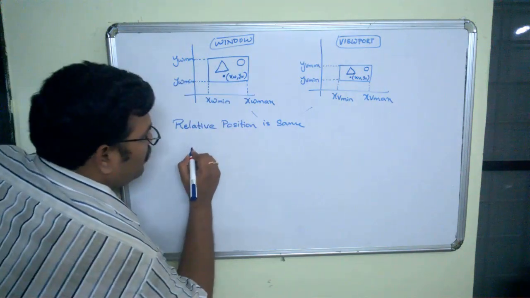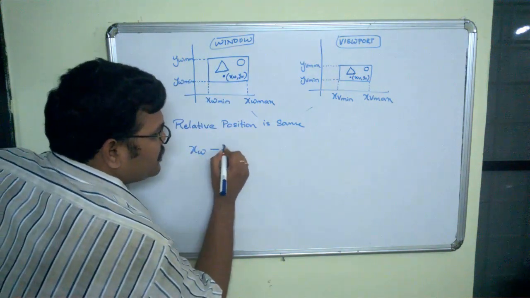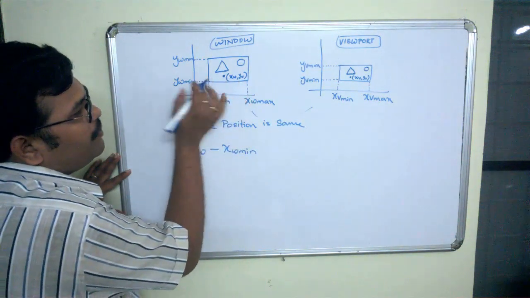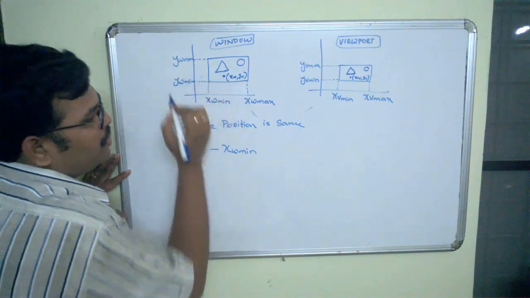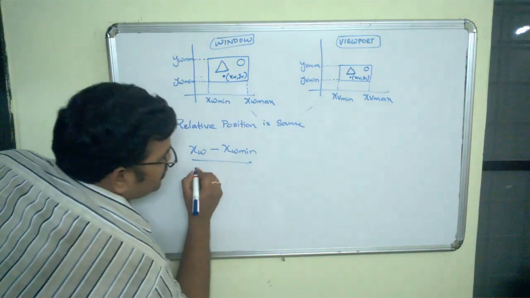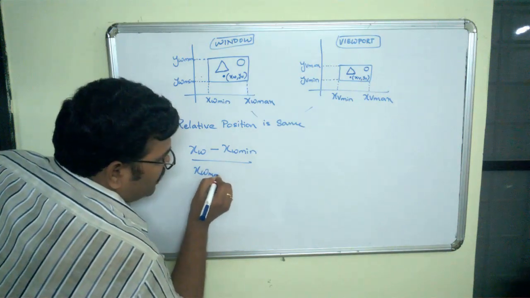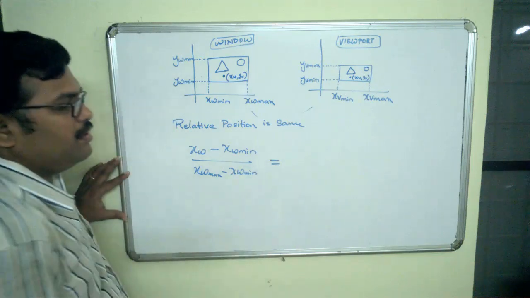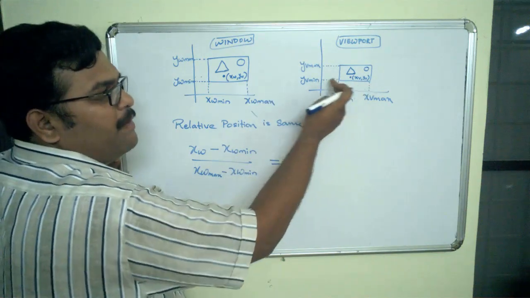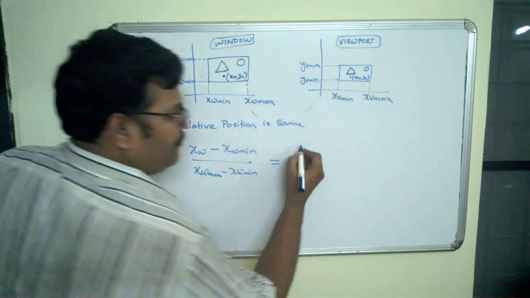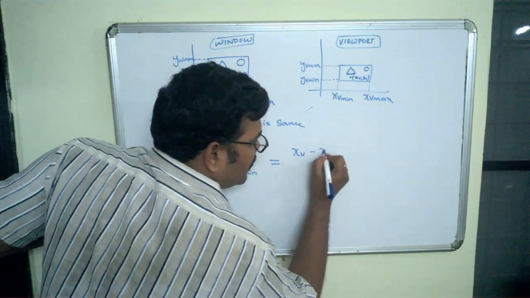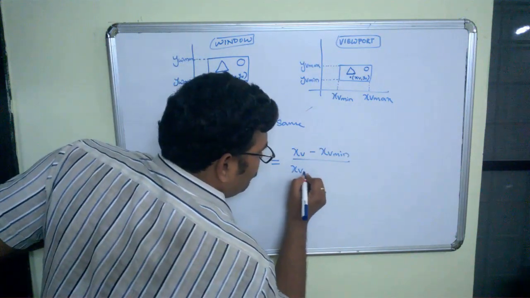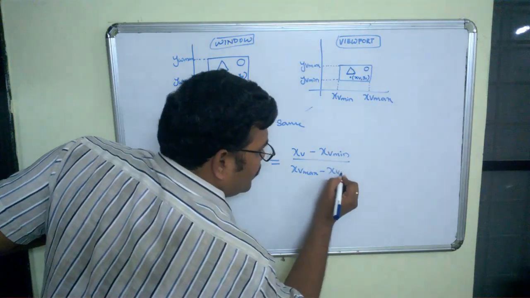So we can have a formula: xw minus xw minimum, divided by total x-axis, that is xw maximum minus xw minimum, is equal to, here also the same, xv minus xv minimum by the complete difference, xv maximum minus xv minimum.